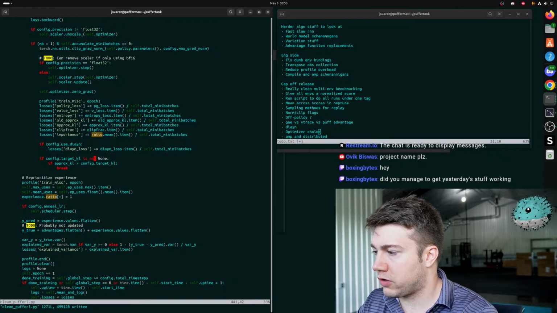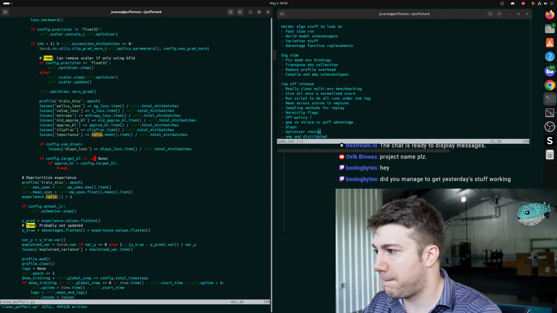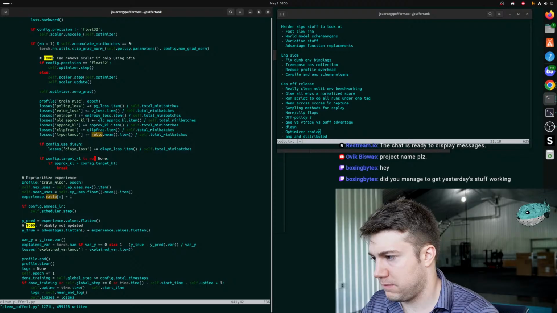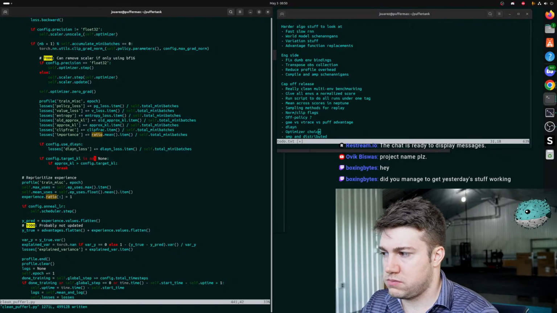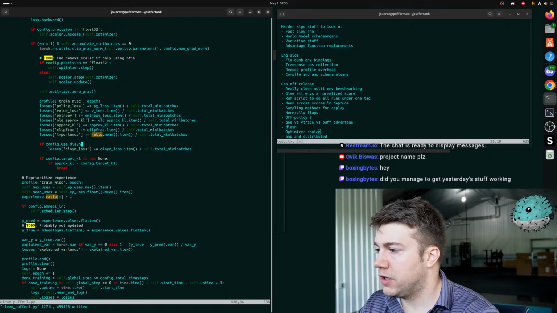What about this target KL? This is something that it seems like we should use but don't, right? We can play with this as well.